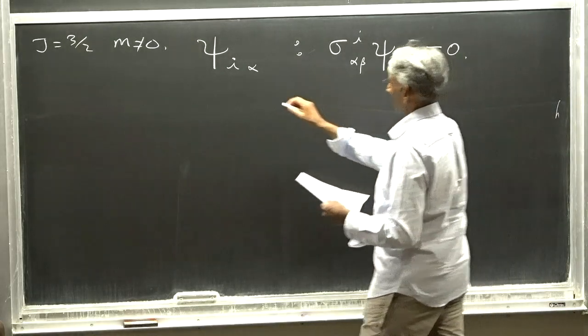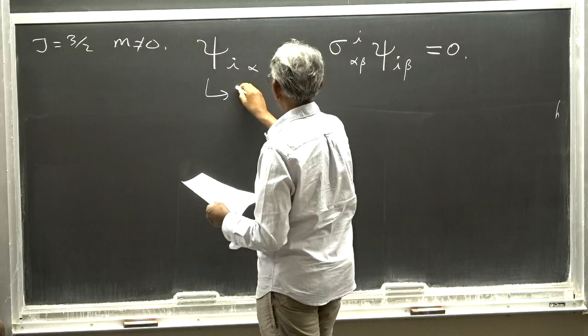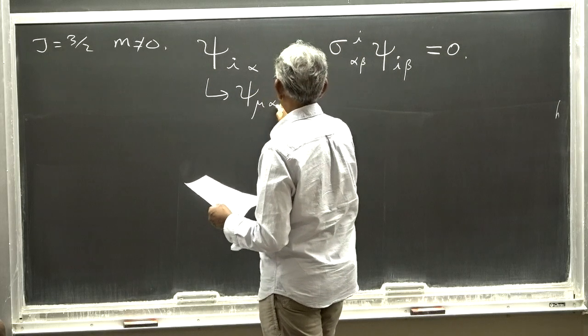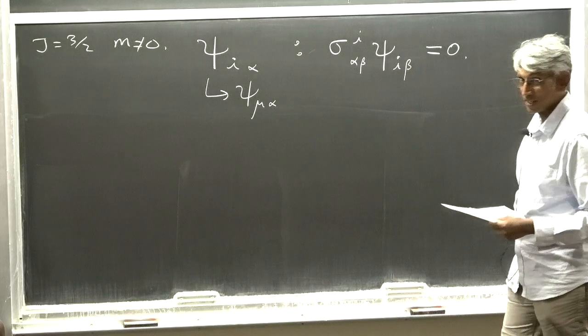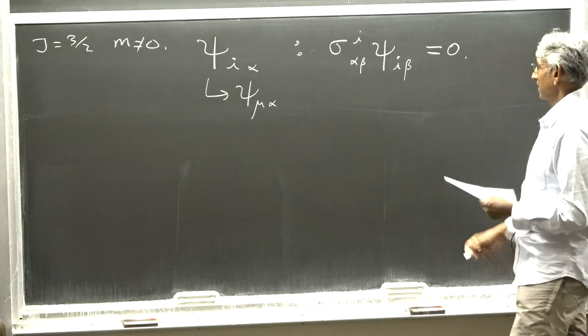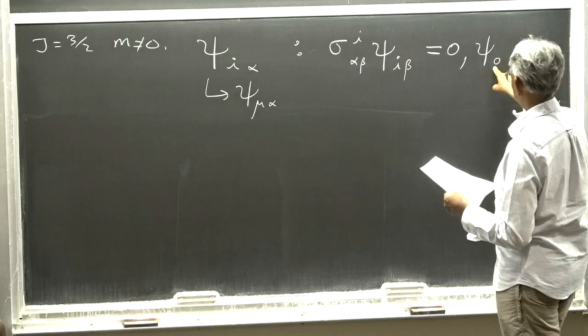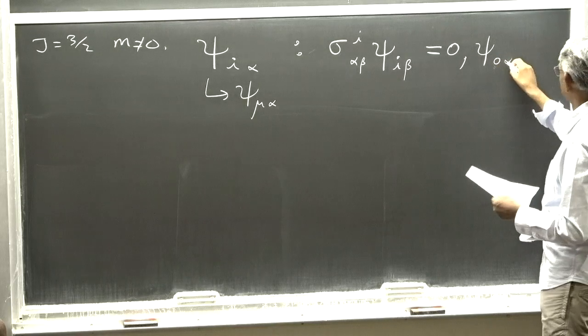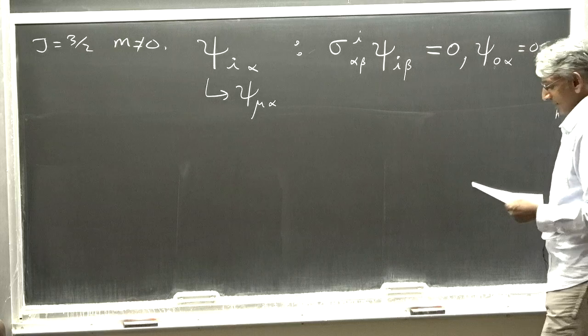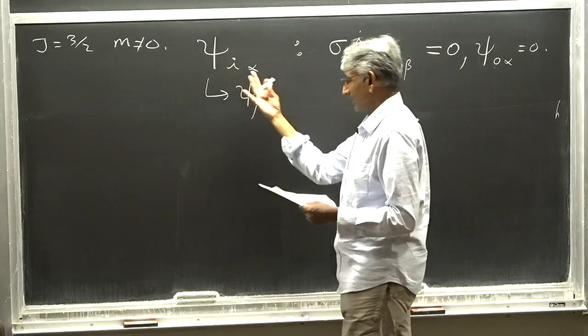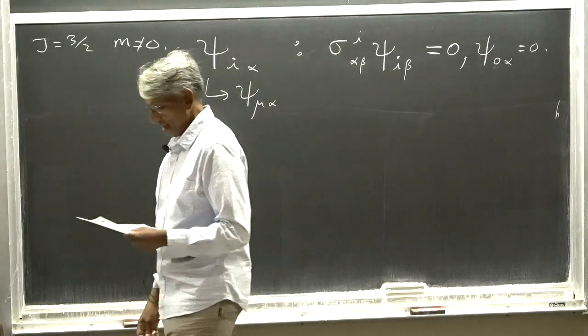And similarly, if the whole game, when I relativize it, is to make everything a relativistic spinor and a relativistic vector, if that's the field, then I would need everything with the mu equals 0 index to be 0. Okay, and then what's left would be truly the spin 3/2.